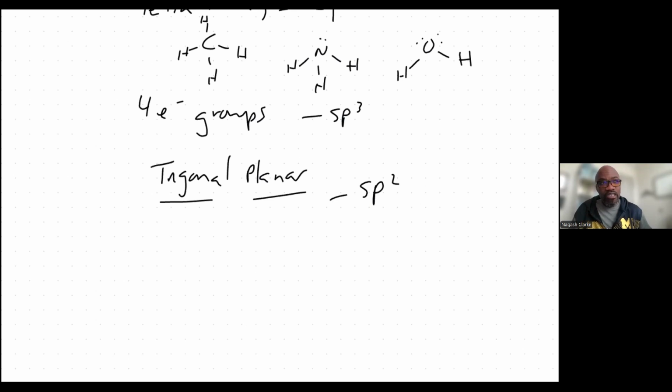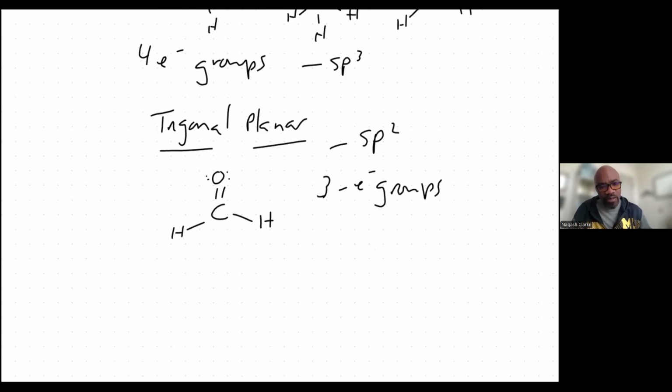we have the introduction of double bonds. So for example, let's look at formaldehyde. Three electron groups, so it's going to be sp2.